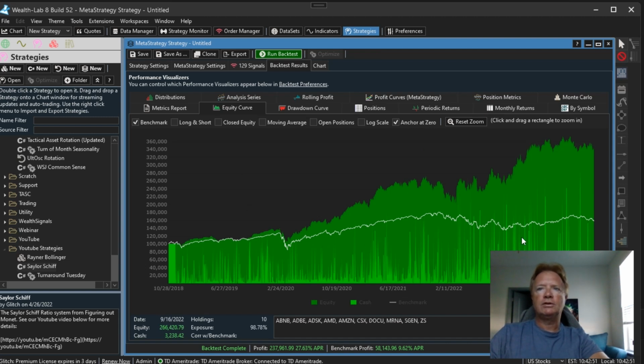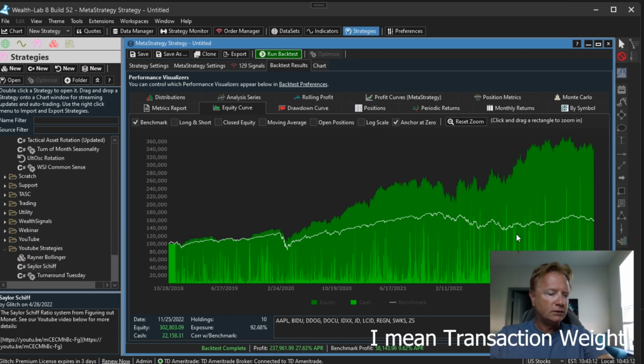So here we see a much smoother mix, as all of the 4 strategies were just using the same capital pool. And depending on your position size, you'll run into situations where not all of the positions can be taken by the MetaStrategy. It will use portfolio weight, just like normal, to determine which ones to select.